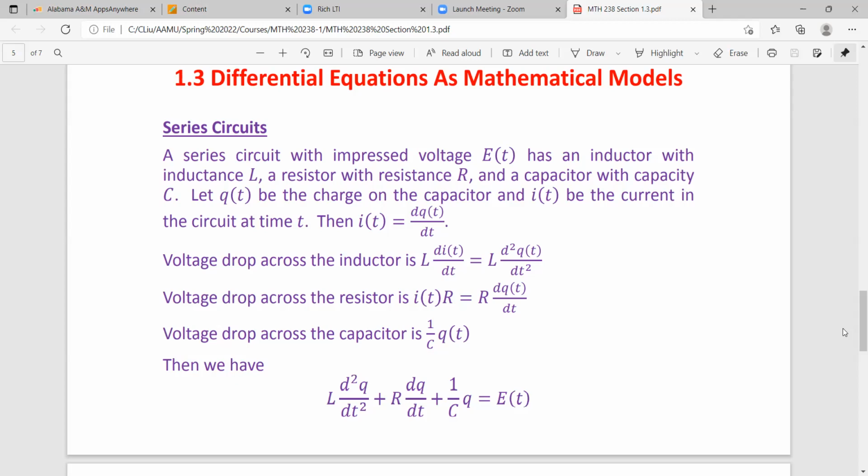So remember the impressed voltage E of T is given. That's a given function of time. L, R, C, they are all constants once you have the elements in the circuit. So that sets up the equation of the charge Q on the capacitor with time.